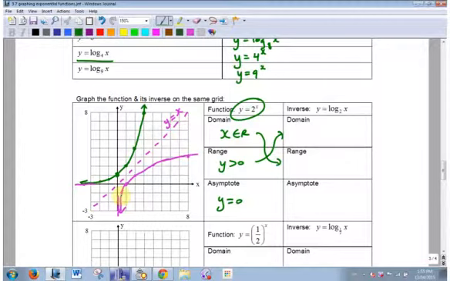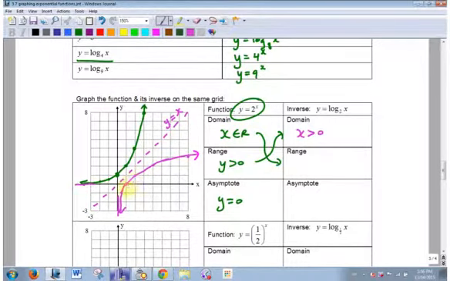So my domain, but just look at the picture. X is everything greater than, not equal, everything greater than 0, which is what the range was before. Okay, I don't expect you to memorize this. It's just a little pattern some people try to take note of.